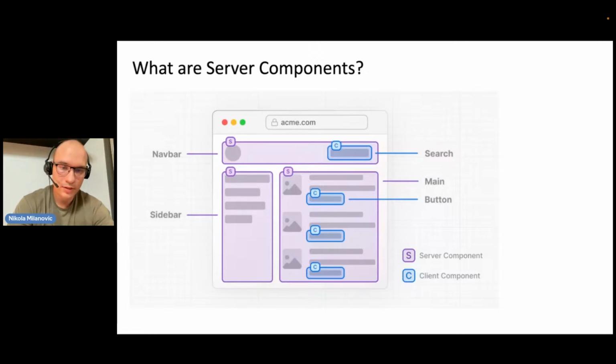You can see the difference between those two. For example, in the navbar, the things that are static, that don't change much, that can be fetched on the server, are your user profile or your username, whatever. And then we have the search, which requires user input, so that is a client component.